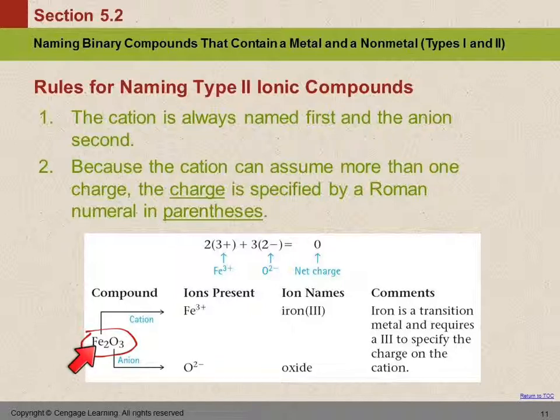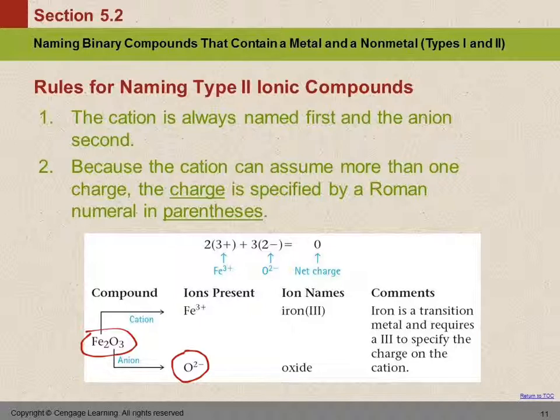To figure it out, we're going to have to look at the charge on the anion. The anion charges are very predictable. Oxygen is in group 6. So if we start with the noble gases, we count back -1, -2. Oxygen has a -2 charge. So here we have oxygen with a -2 charge.